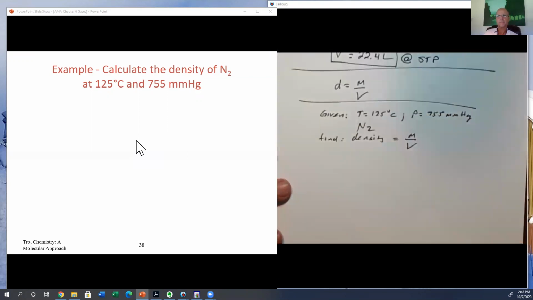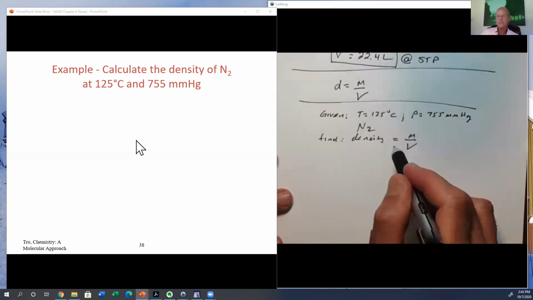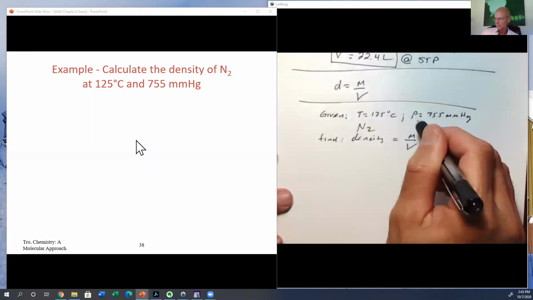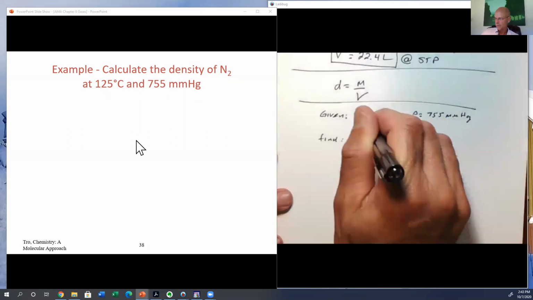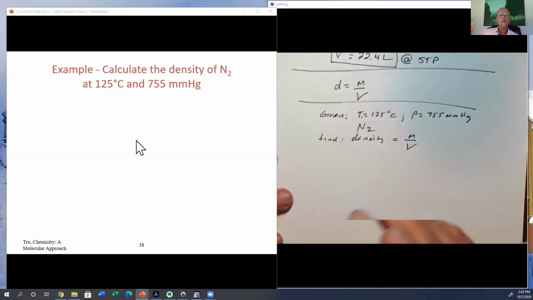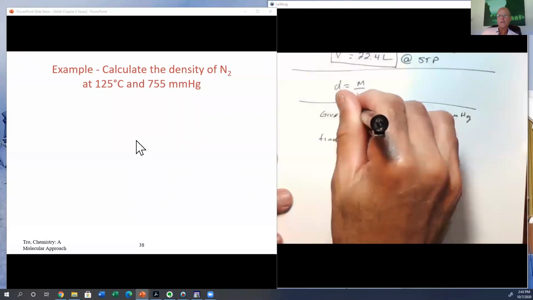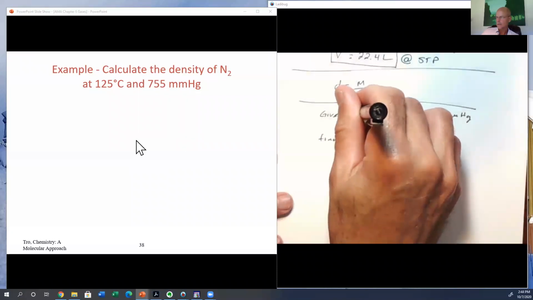So we have to figure out whether there's a sample of nitrogen gas for which we know the mass and we can find the volume under these conditions. The ideal gas law involves pressure, volume, temperature, and moles. We have pressure and temperature here, but we're not given moles.